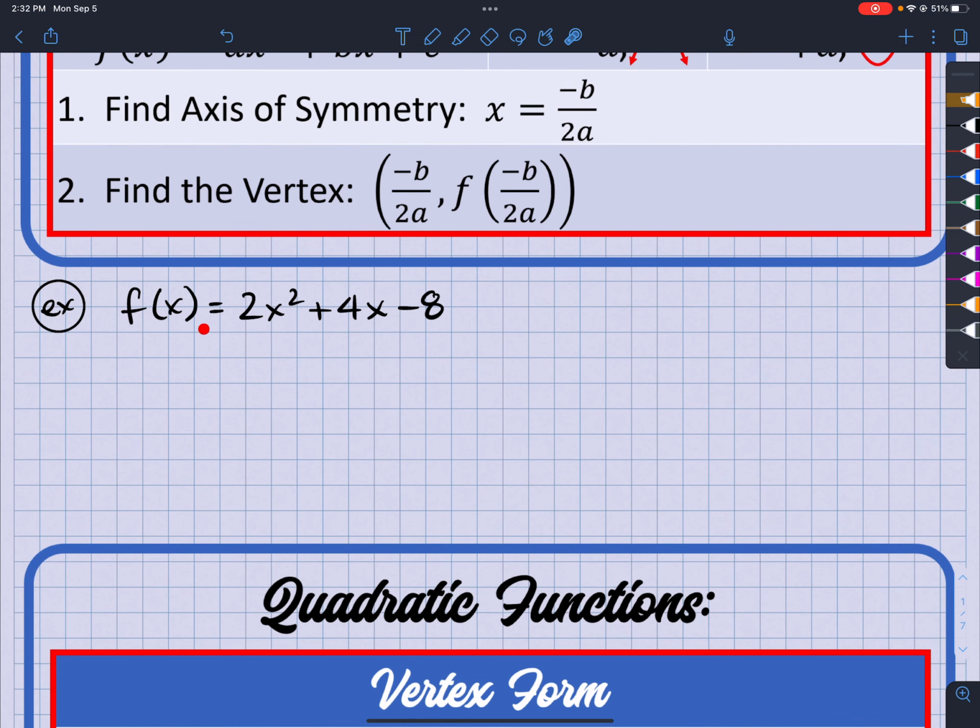All right, so here I'm given a quadratic function. I know that my a is equal to 2, my b is equal to 4, and my c is equal to -8. So the first thing I have to do is find the axis of symmetry. Before I even talk about that, the value of a here is a positive 2, so that means I'm going to have a smiley face.